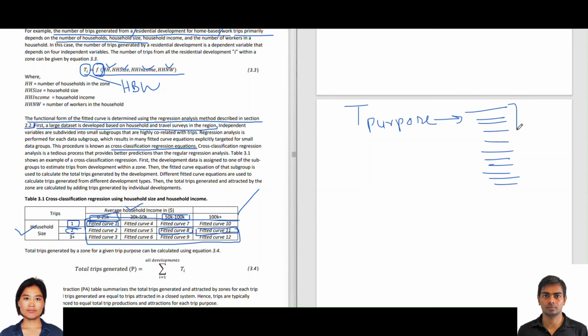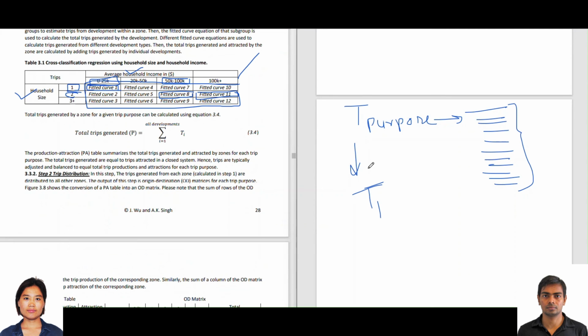These are part of the cross classification regression equation, and this gives the number of trips for each trip purpose. Then we sum up the number of trips for each trip purpose to figure out total trips, and this gives us total trips attracted or produced. So the number of trips generated or attracted is given by the sum of all the trip purposes.